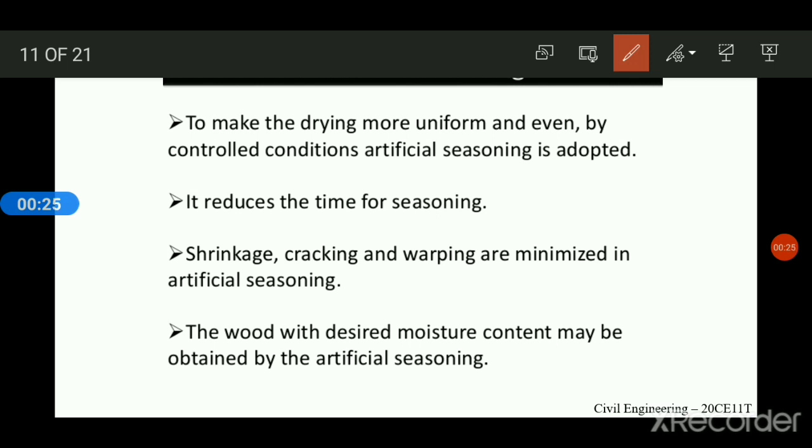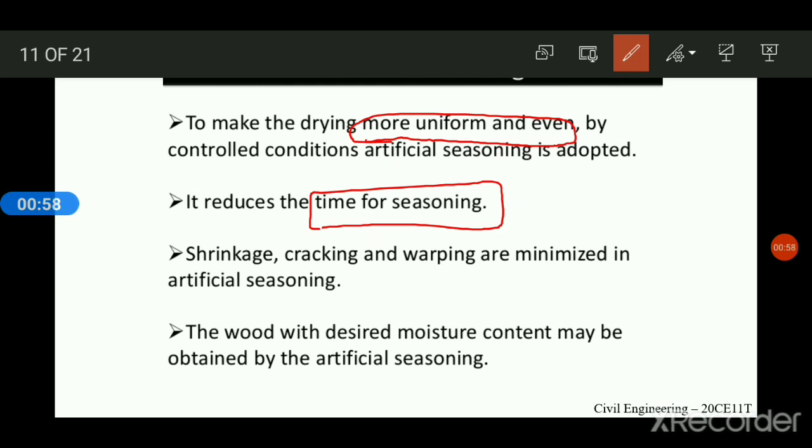Yes, compared to natural seasoning, artificial seasoning gives more uniform and even drying. So in this seasoning, the drying process is uniform to all the timber as compared to natural seasoning, and generally it reduces the time also. As I told earlier, natural seasoning is a very slow process compared to artificial seasoning.